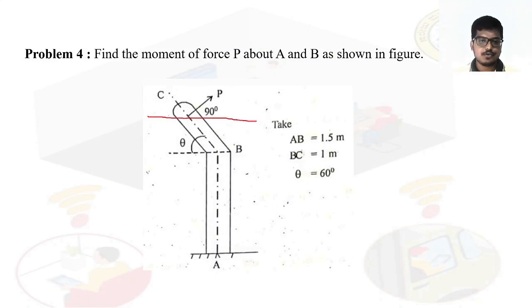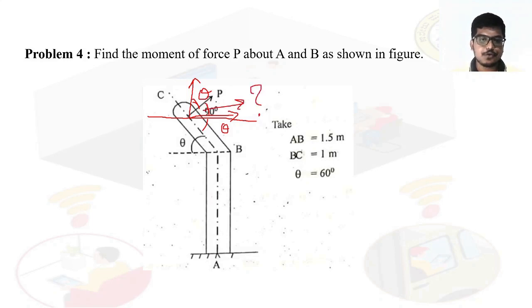We don't know the angle now. So this is theta degree. This P we can resolve into one horizontal and one vertical. Now this angle theta we know, so by the property of geometry, this is also theta, and this angle we don't know.